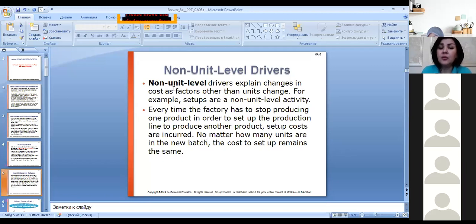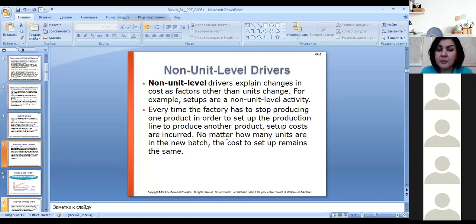And why is it a non-unit level driver? Because no matter how many units are in the new batch produced, the cost to set up remains the same. Regardless of the quantity of units produced in the new batch.